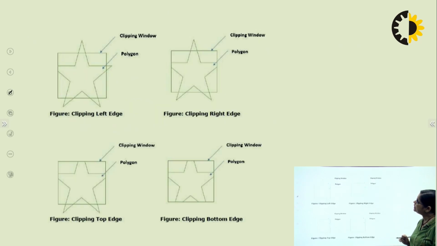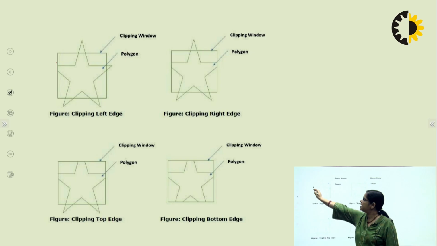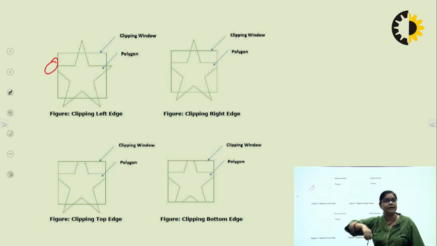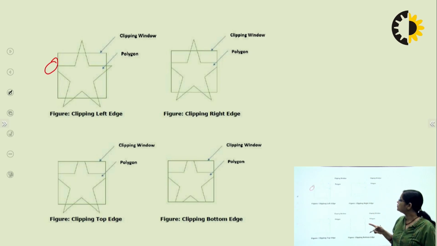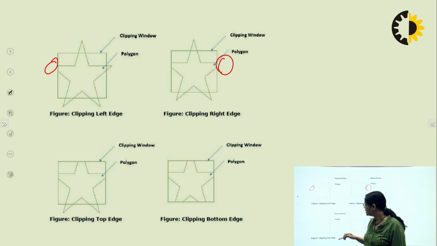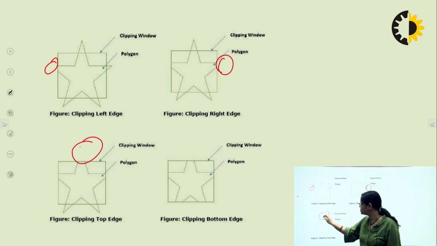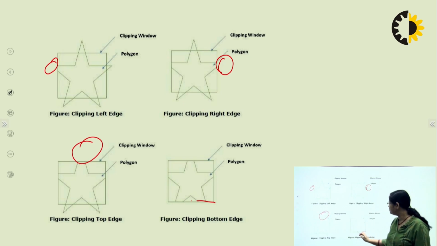Now in detail, if you see in this figure, first is left. It means that we are clipping the left edge. Second is right, again we are clipping the right edge. Then third is clipping the top edge, and then the bottom edge.